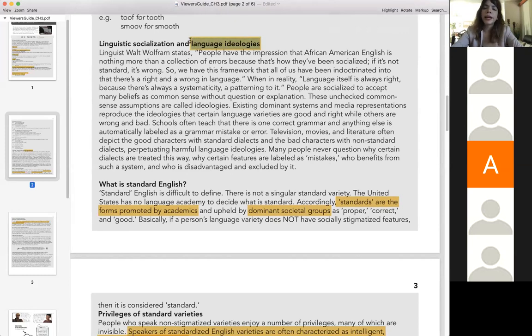So this film is ultimately not just about the differences in Englishes in the United States. It's not just about the English in the African American community as legitimate or as rule governed, right? But it's also ultimately a film about linguistic discrimination, right? And language ideologies.